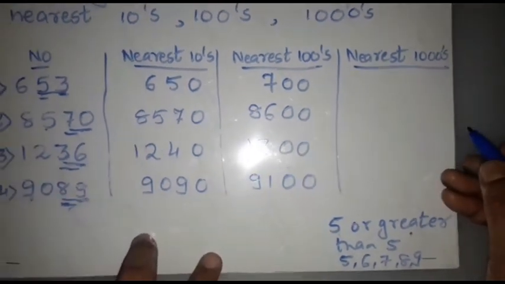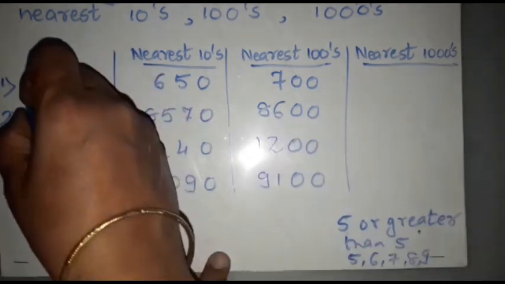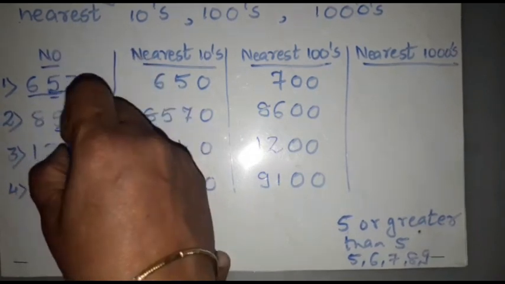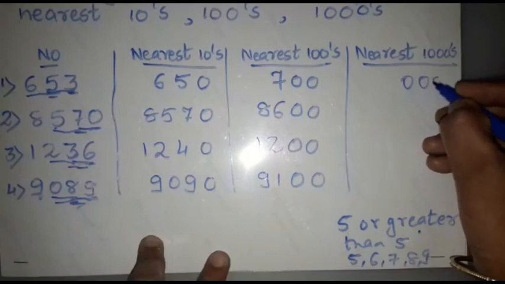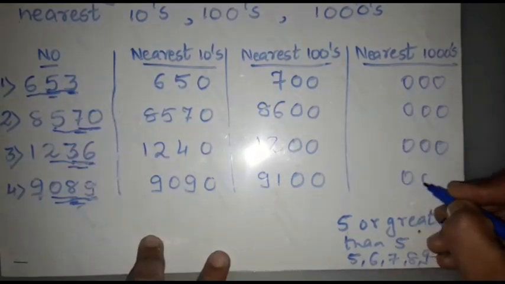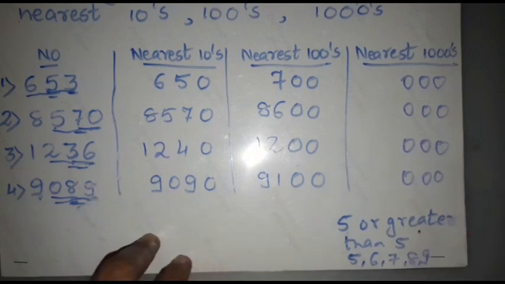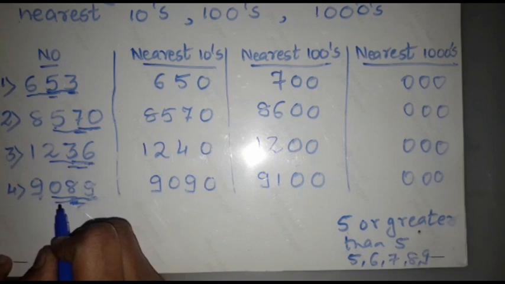Now similarly we will proceed for the next example. You have to round off the number to the nearest 1000. Think that in 1000 how many zeros are there? 3 zeros. So 3 digits you need to underline and write 3 zeros. Again you need to think that out of the digits you have underlined, which is the digit at the higher place.